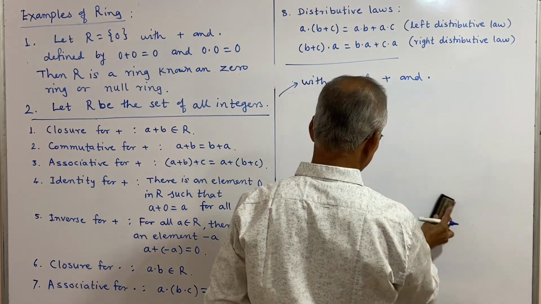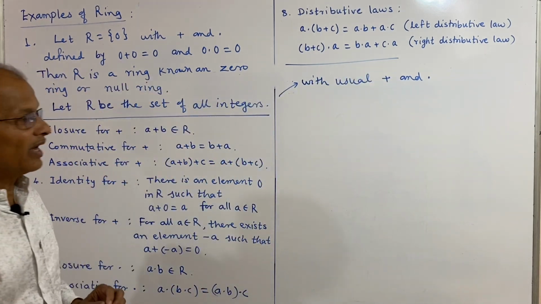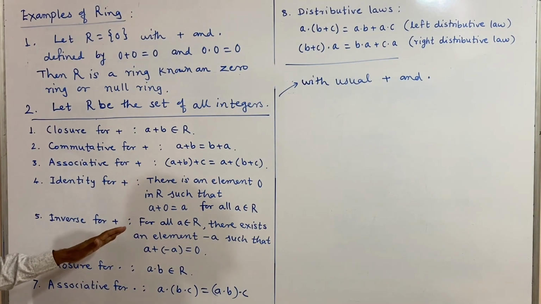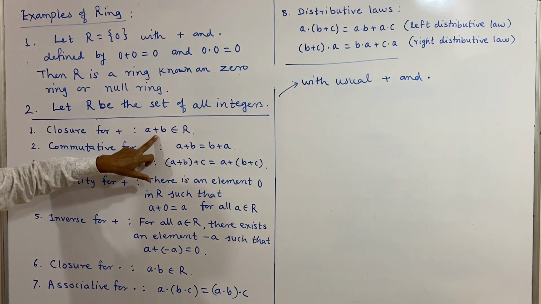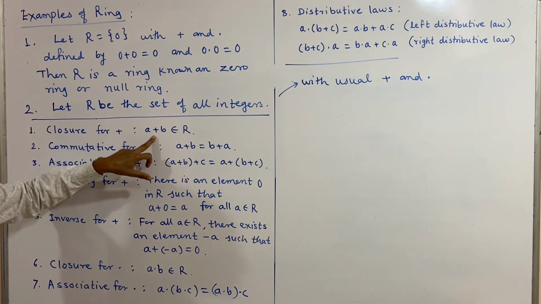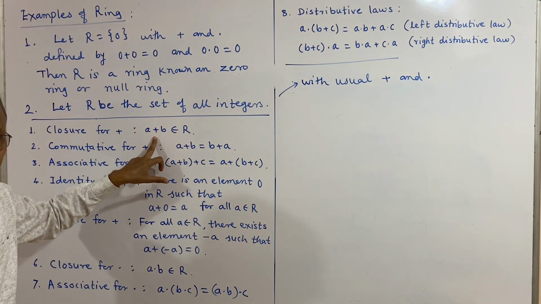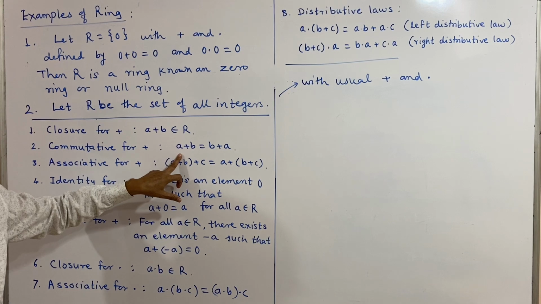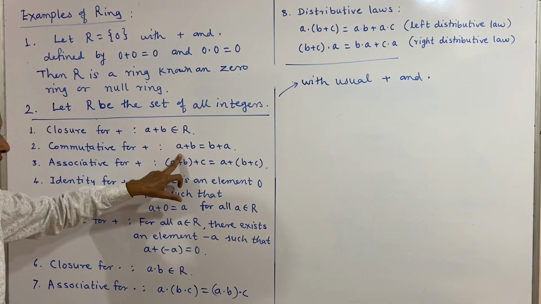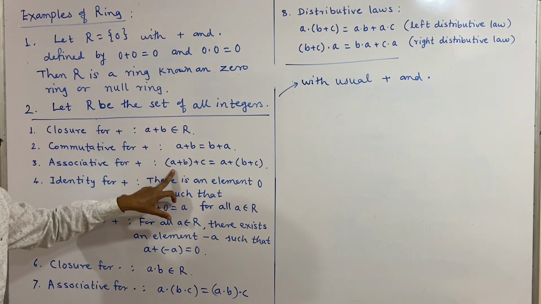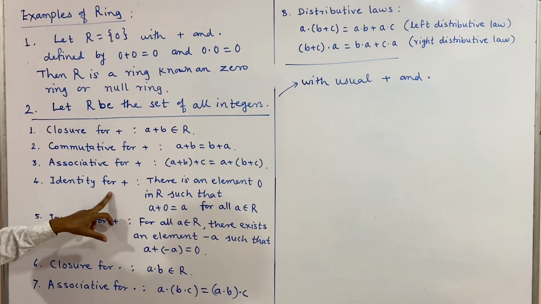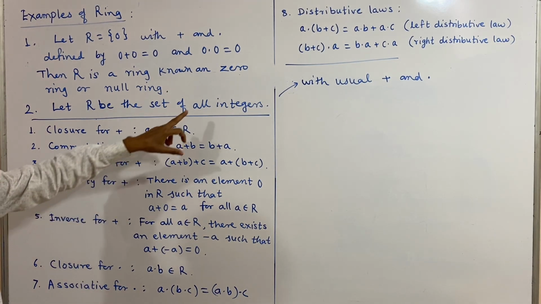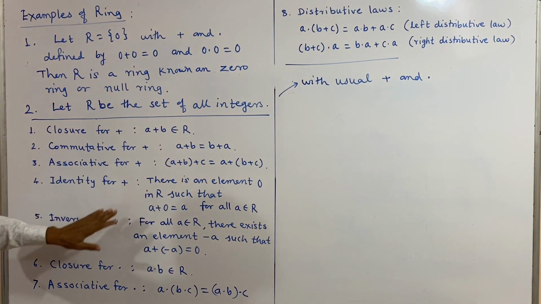Then this forms a ring, because addition of 2 integers is again an integer, and usual addition is always commutative. It is always associative, and the identity for plus is 0. 0 is an integer, so this holds.